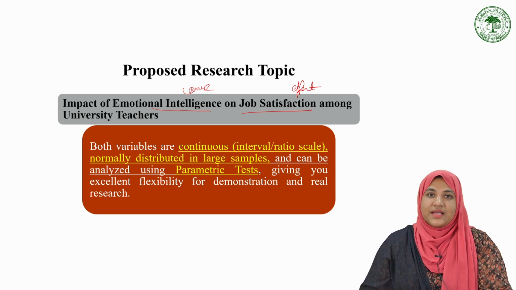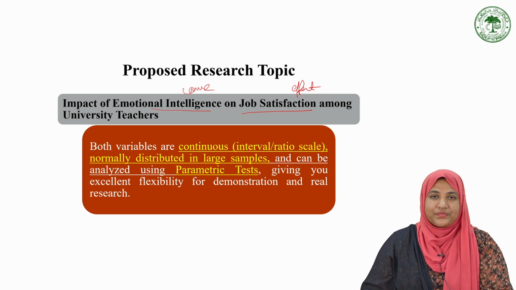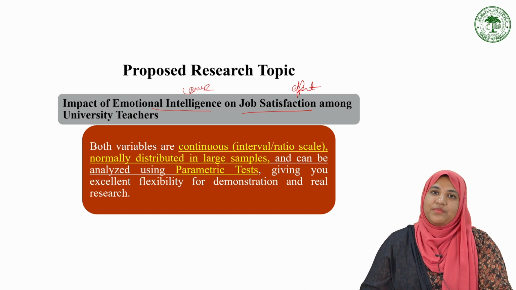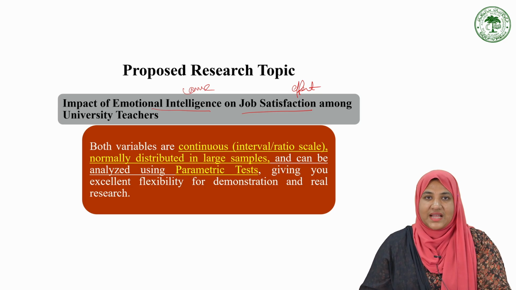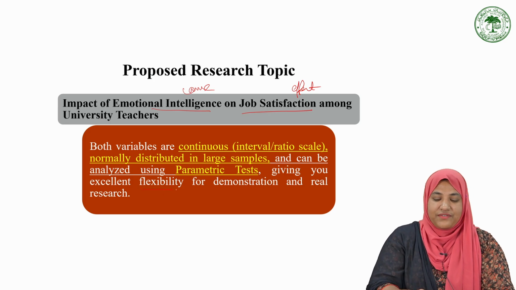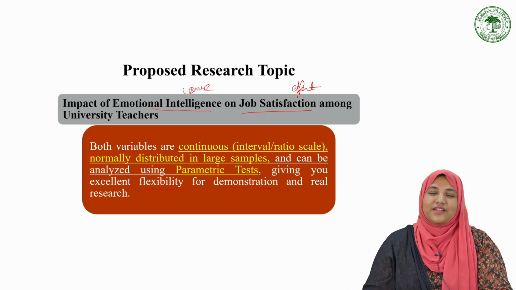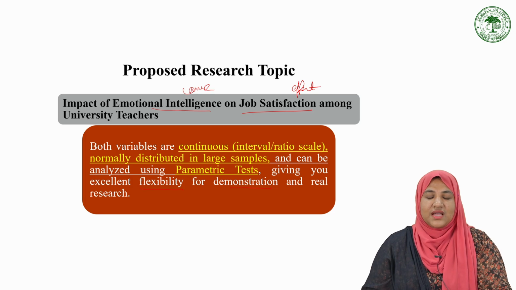So we are assuming that there is a normal distribution of the sample, and the sample is large and can be analyzed using a parametric test. So when the assumptions of interval and ratio scale and also normality have been ensured, we go for the parametric test, so that it may give you flexibility for demonstration and also real research. So the assumptions are complete. We have finalized what kind of test we can use.